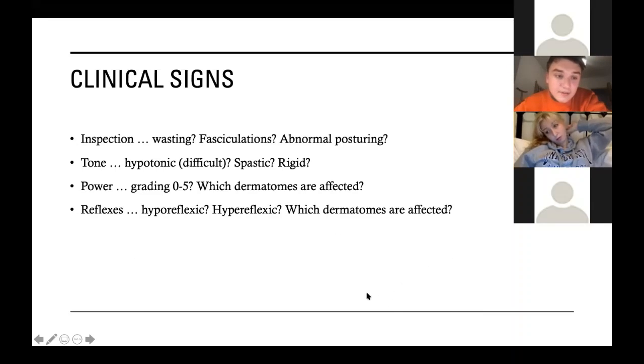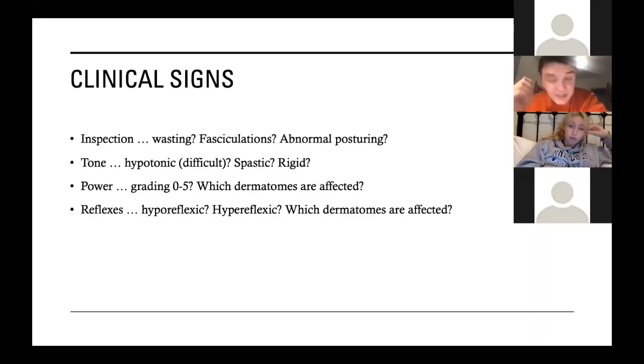So in terms of reflexes, when you do a reflex, you can be hyporeflexic, which is just something you learn to judge over time. You can be hyperreflexic. So you can see, particularly with patellar tap tests, the tibial reflex, you can find the patients will actually just kick out fully.